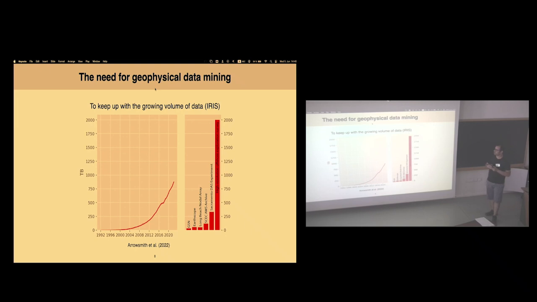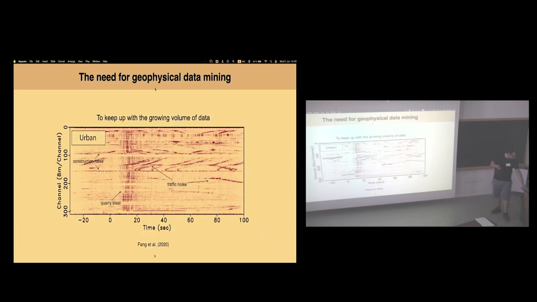we also face, in recent years, an exponential growth of seismic data. Every year we have more stations, and the number of stations increases exponentially. Besides this, new technology can also bring lots of data, for example here is distributed acoustic sensing data.